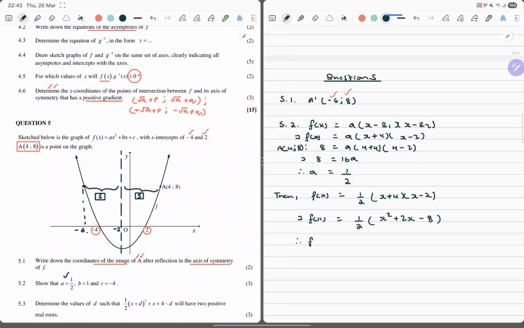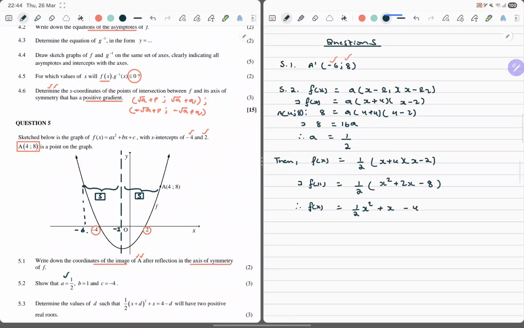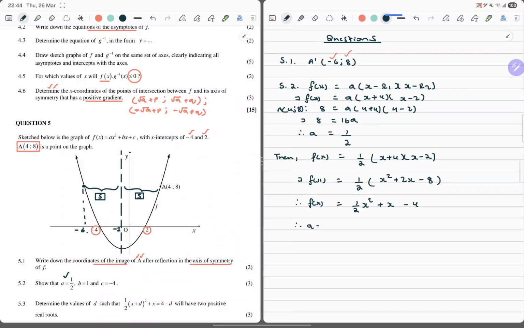And so we can conclude that our f function is a half x squared plus x minus 4. Therefore, a is a half, b is 1, and c is minus 4. Done.